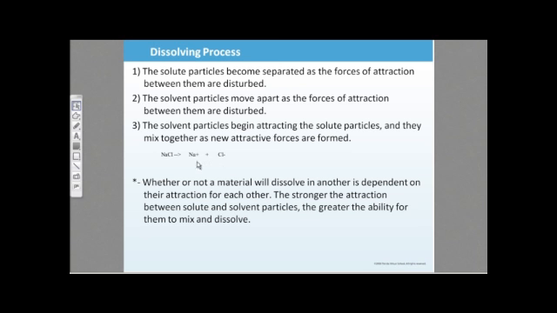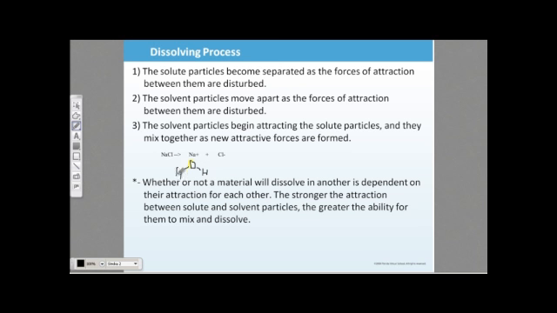So if we draw a water molecule here, we got our O. Remember, it's a bent shape, so we got the H over here, and then we got another H on this side.